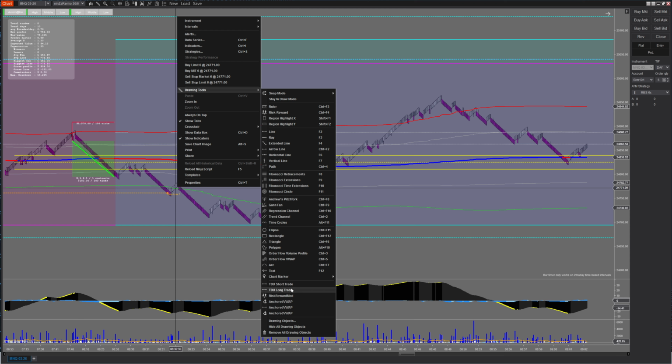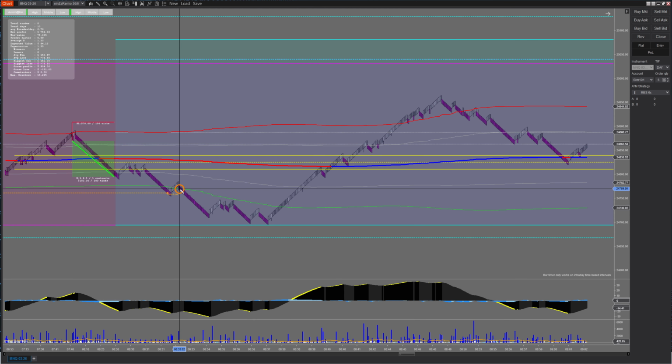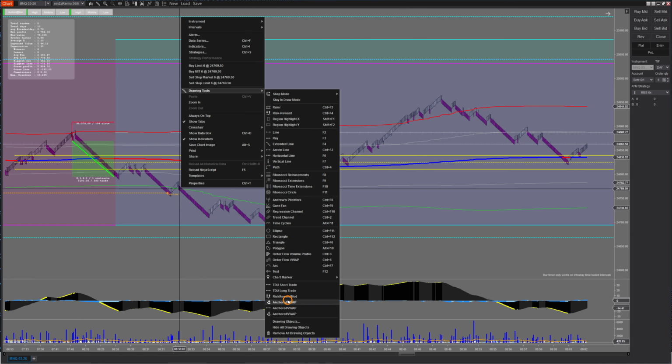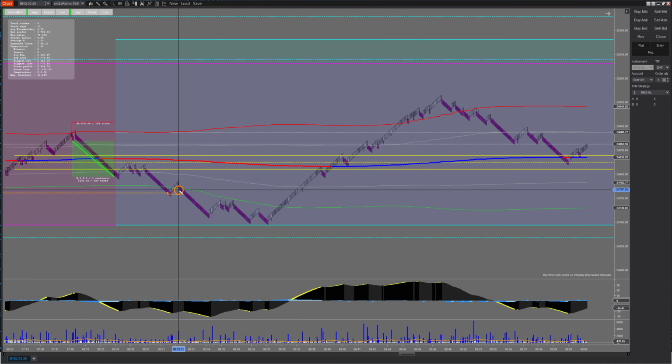We're trying to self-sabotage, as any good retail trader does. So let's go ahead and short trade this, or long trade. Long trade right here. Alright, long trade. Oh yeah, we're shooting for a 300.